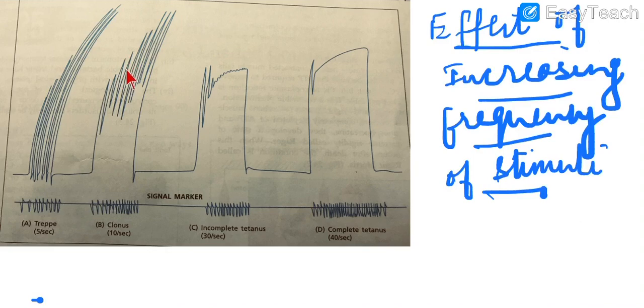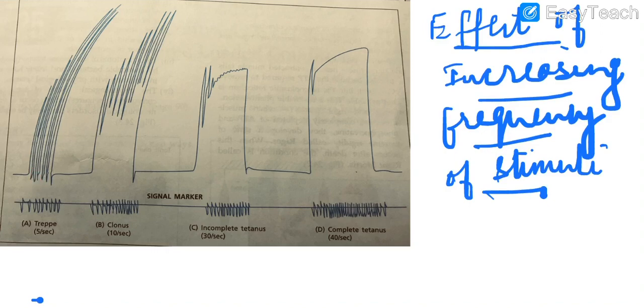Like when it is reaching almost about the half of the relaxation of the previous stimulus, we provide the next stimulus, right? And in this one, we provided the first stimulus, it contracted and then relaxed.